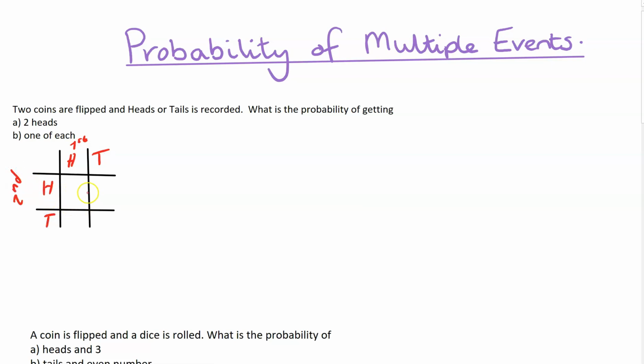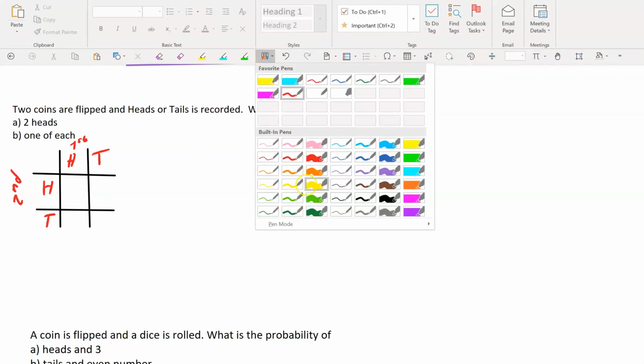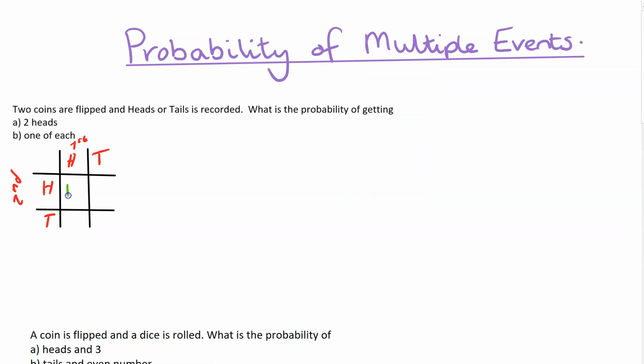And the bit in the middle is where you record your outcomes, in other words, the combinations. So heads and heads. This one is heads and tails, tails and heads, tails and tails. So there are 4 outcomes, 4 combinations. So your answers will be out of 4.